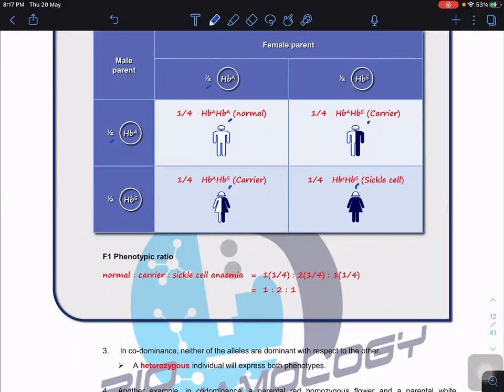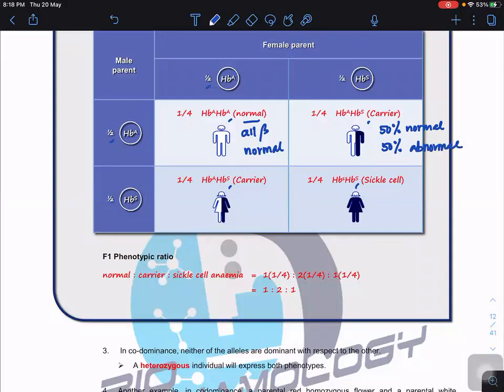Now we look at the phenotype. If you check normal, it means all beta polypeptides will be normal, no defective. In this case, if you check the beta polypeptide, 50% will be normal and 50% will be abnormal beta polypeptide.